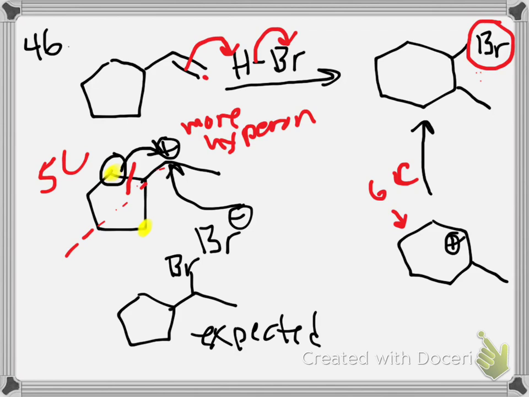There are a couple of different ways that you can draw this to try to help you keep track of things. What I like to do is draw the atoms in as close a proximity to their original arrangement as possible.